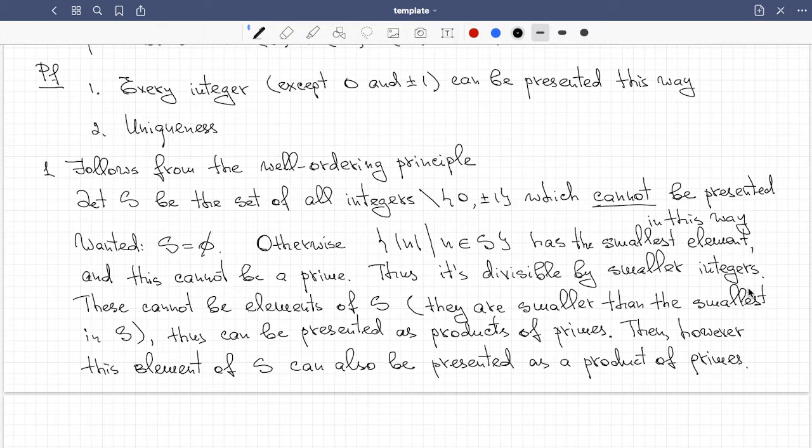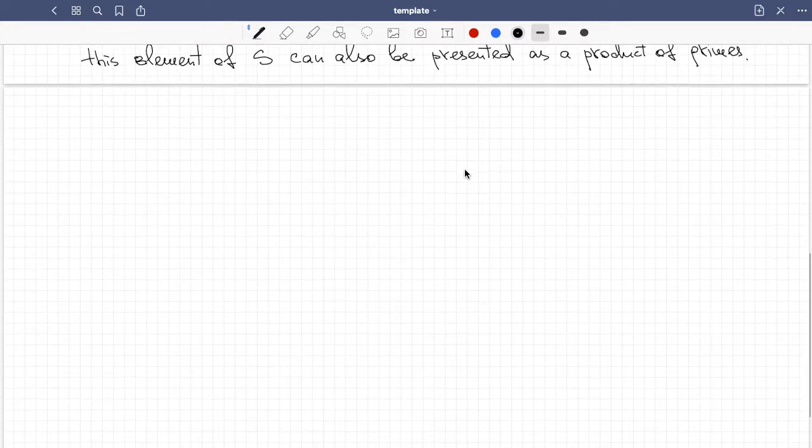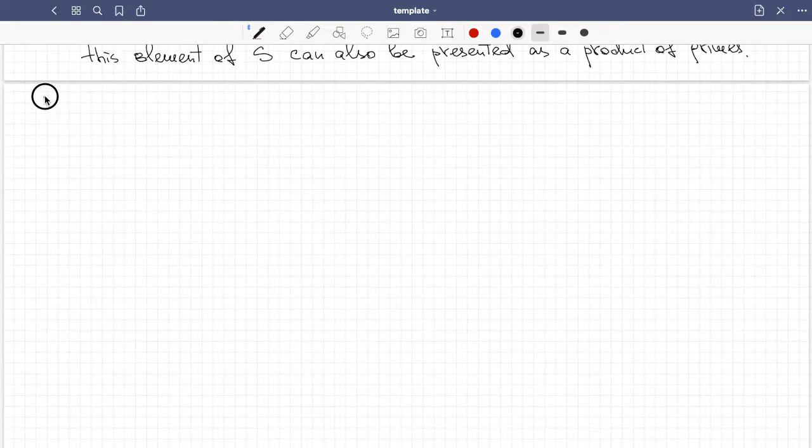Roughly, this is how the argument goes. It uses nothing but well-ordering principle at the very beginning. All preparations we made were for the uniqueness clause of the theorem.